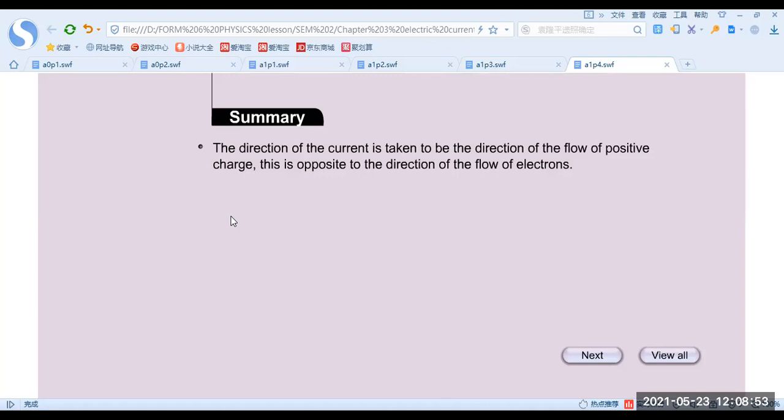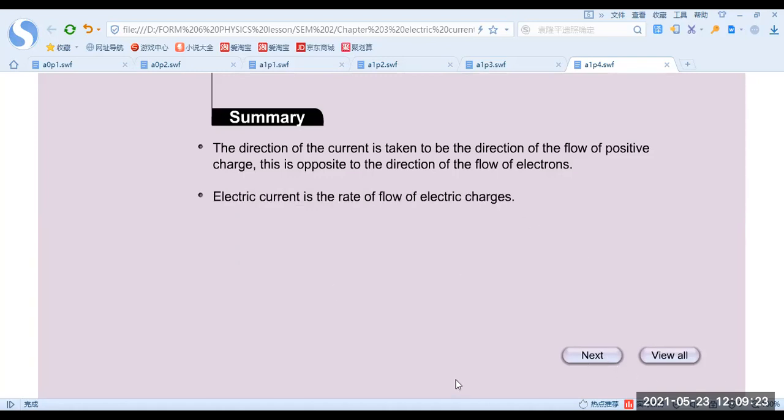The direction of current is the same as the direction of the positive charge, whereas the negative charge always flows in the opposite direction to the current.